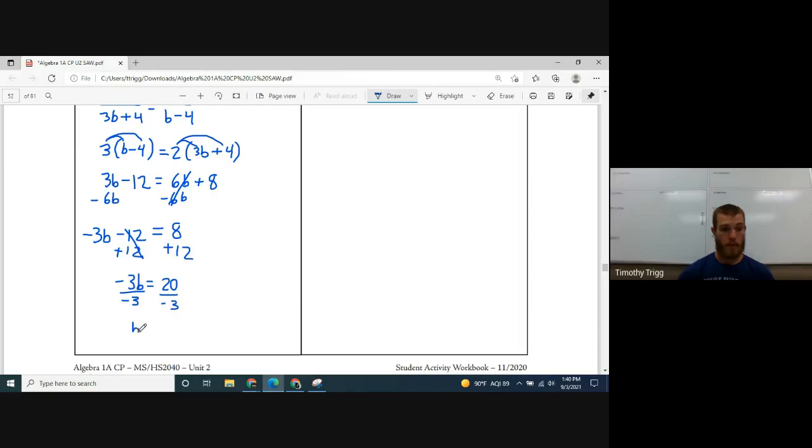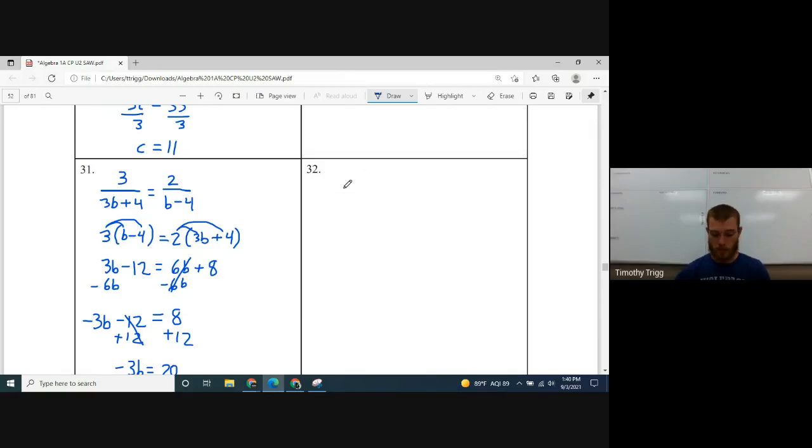That'll give you that b equals negative, remember, negative divided by a positive is negative, 6.67. We'll round to the nearest hundredth. So round to the second decimal place there. Okay. You could also leave it as a fraction. It's already in reduced form. That's fine like that.